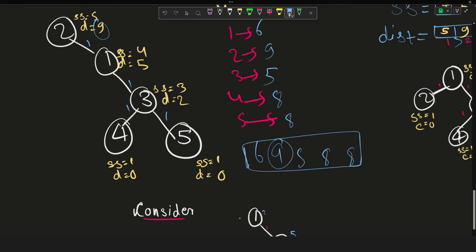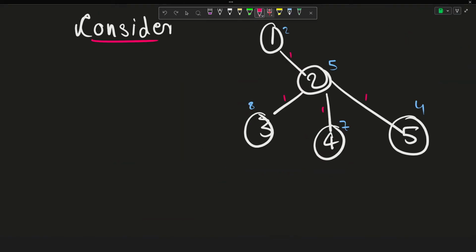So the same thing we will do in the Codeforces problem also. Here we will find this array and just return the maximum out of it. This problem is a little different from the previous one, because before we were asked to just calculate the distance from each node to every other node, but here we don't have to consider the distance.